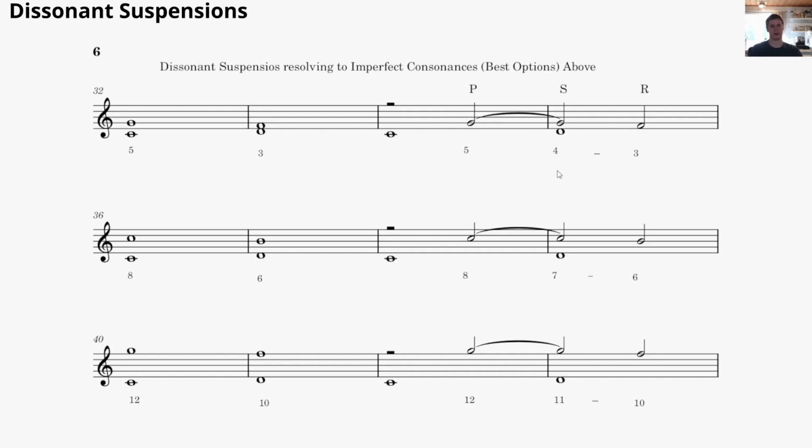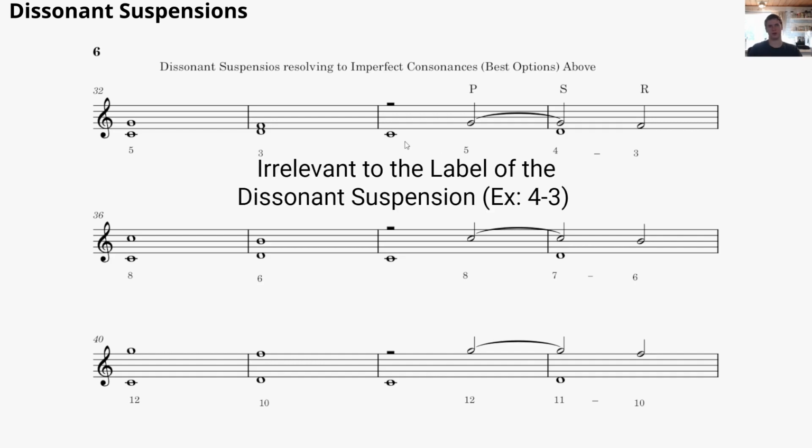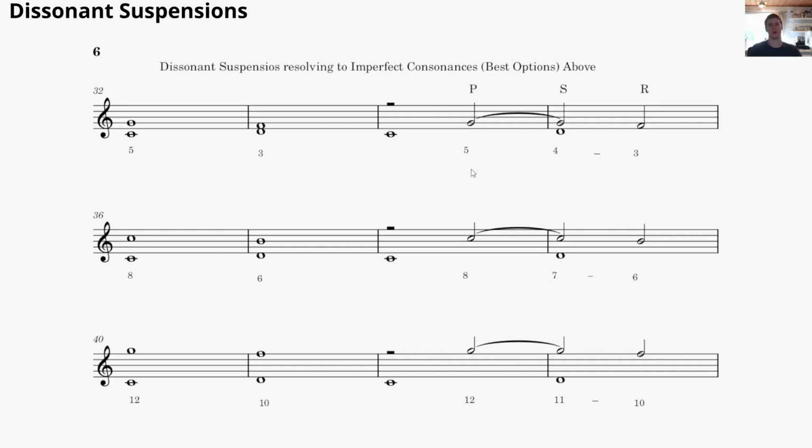So remember, your 4-3 suspension is a 4-3 suspension because that 4 is the dissonant note that is being suspended, and the 3 is the note that it's resolving to. So as you can see, the note that is preparing it is irrelevant other than the fact that it must be a consonant interval and it must be the same note as the suspended note. Which again in these exercises is a given since we're syncopating to create our suspension.